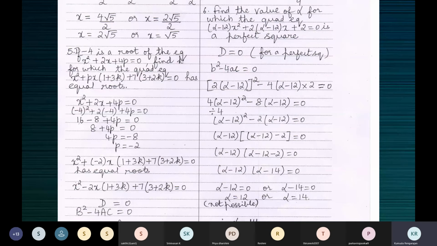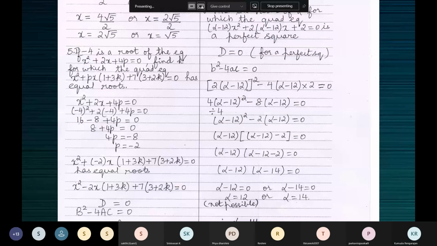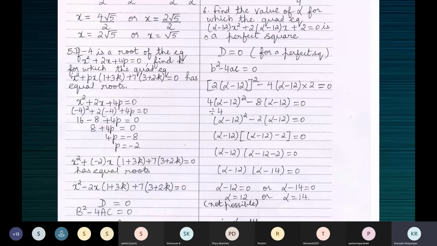Here alpha equal to 12 is not possible because the coefficient of x square is alpha minus 12. If alpha is 12, it will not be a quadratic equation. So alpha is equal to 12 is not possible. That means alpha is 14. The only value of alpha is 14.